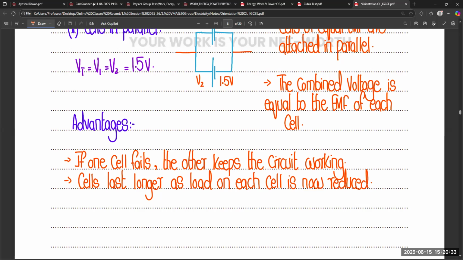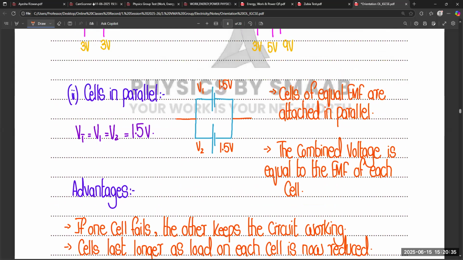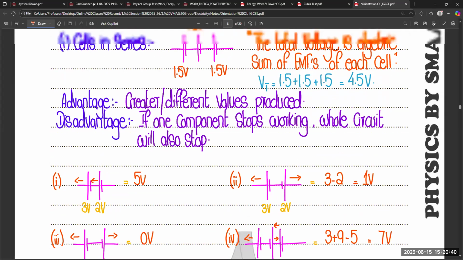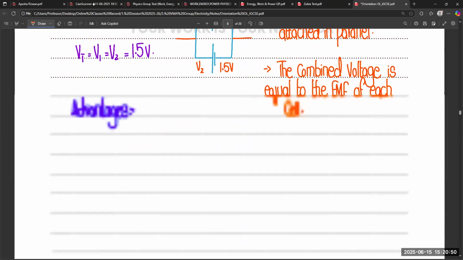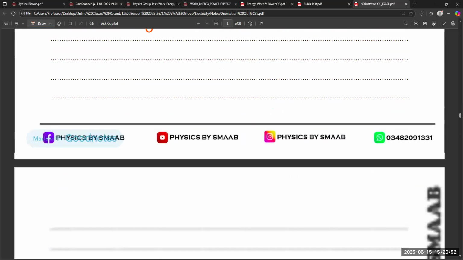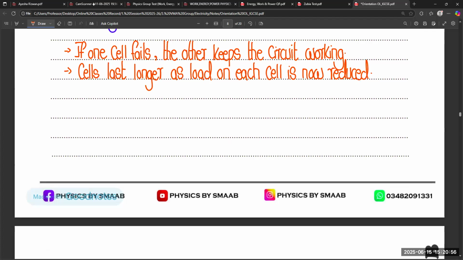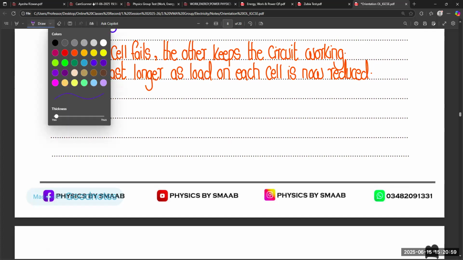Now, after this concept of the combination of the cells, we have another electrical quantity that is called resistance. And by name, the concept of resistance is very much clear, that it will give you some hindrance in the flow of charges.